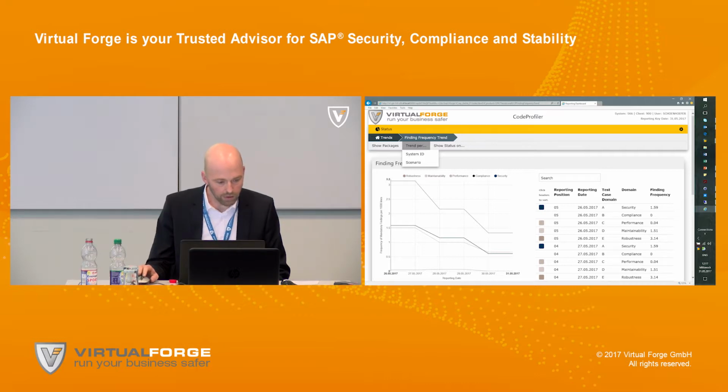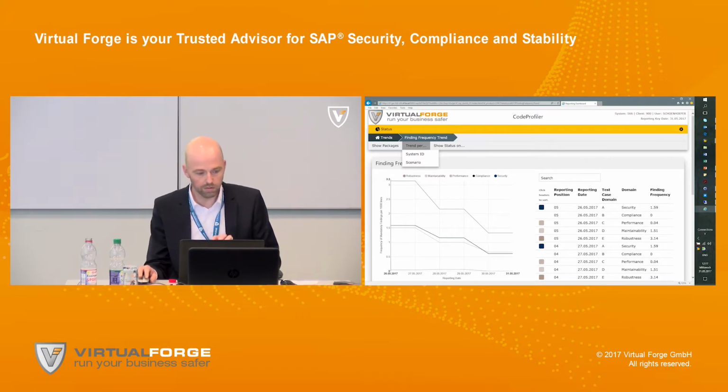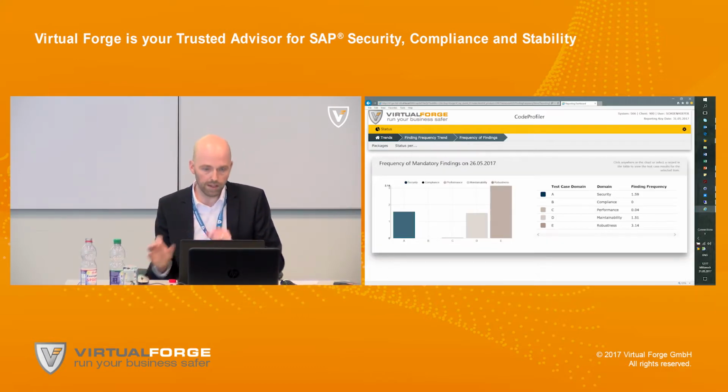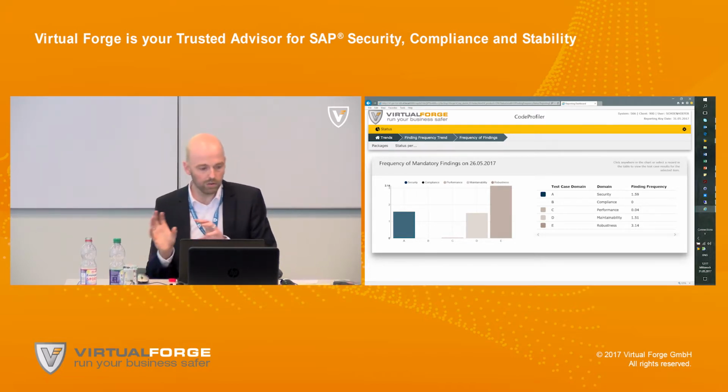Concerning the navigation, when we talk about the trends display, on the one hand, we can navigate from here into the status of a certain reporting point, so a certain date which you see here. If you really want to drill down into the status or snapshot of that date, just pick it from here, and then you're navigated into the status reporting again.